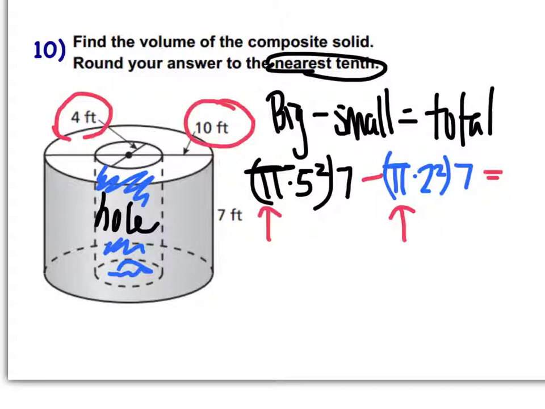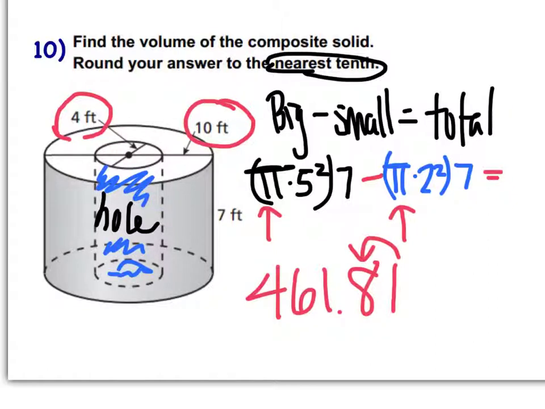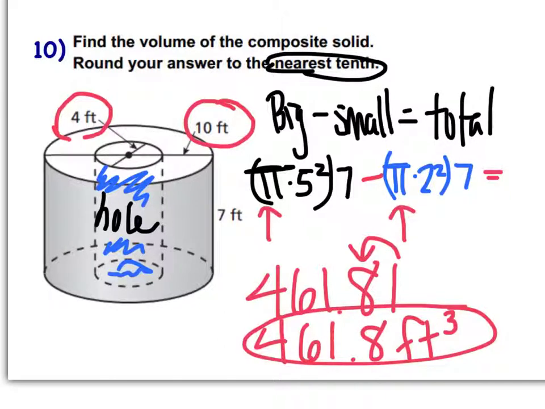So I'm going to plug it straight in. And looks like my grand total is 461.8. If there's a 1 behind it, that 1 says, hey, 8, better stay the same. So 461.8. What's my label? Feet cubed. Perfect. Let's go ahead and circle it.